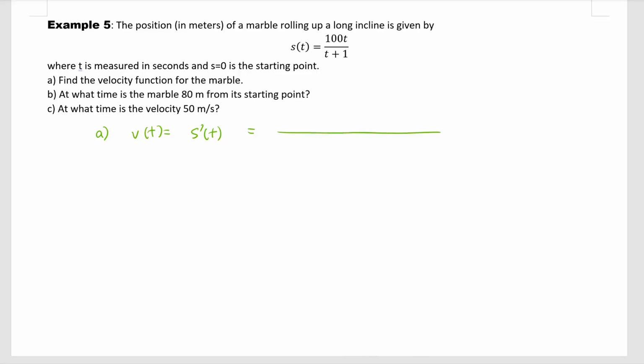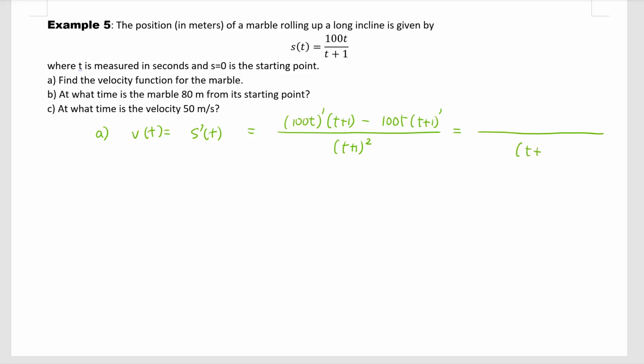What's the quotient rule? Bottom guy squared, and then the top guy prime times bottom guy minus top guy times bottom guy prime. We just write down the quotient rule, and in the second step, we find the derivative of each factor with the prime in it.